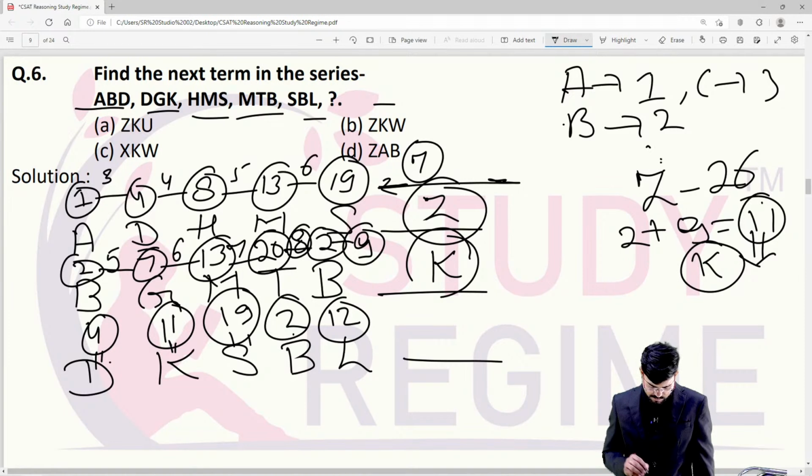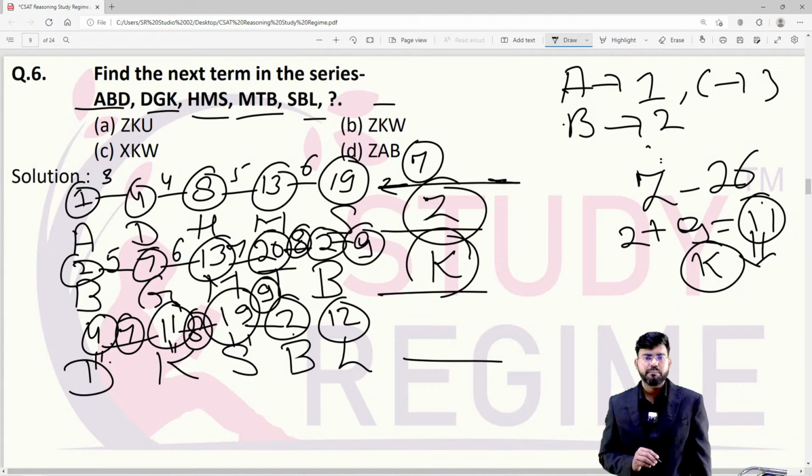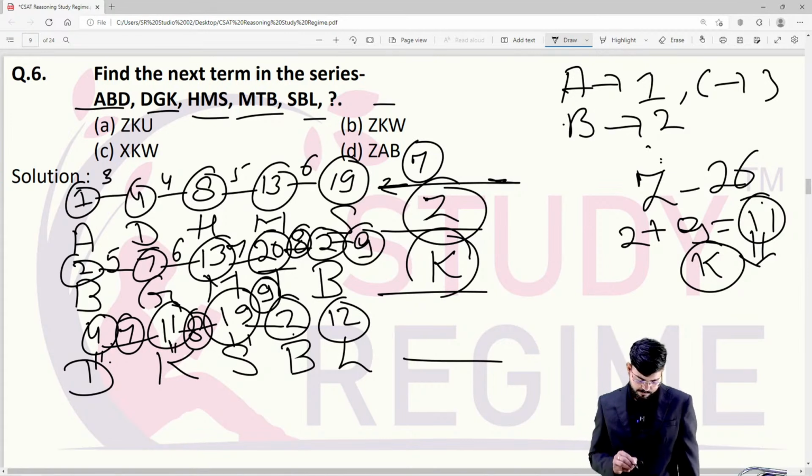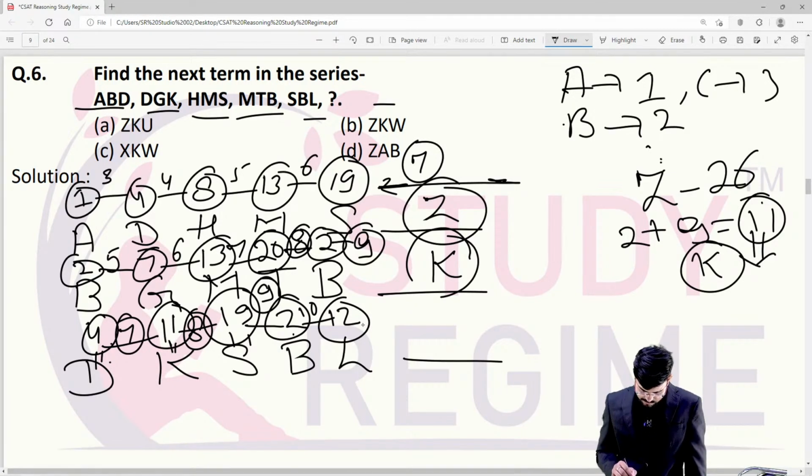Now here what is the difference? Here it is 7, here it is 8, again here it is 9. I will tell you how. 19 plus 7 you will add, you will again come up to Z, plus 2 you will get B. Here it is 10 and here it has to be 11.